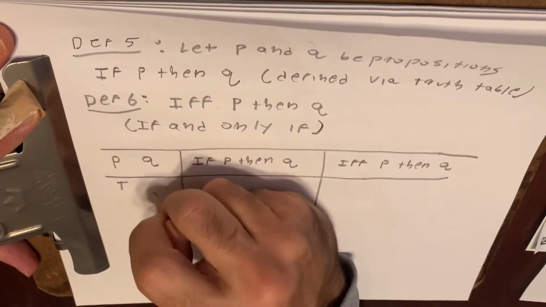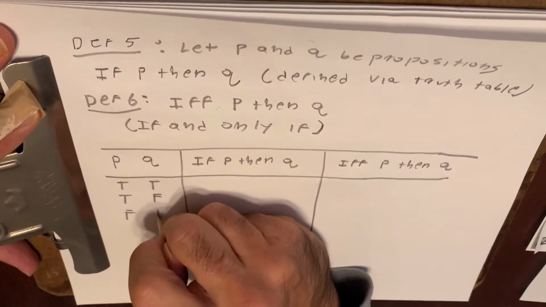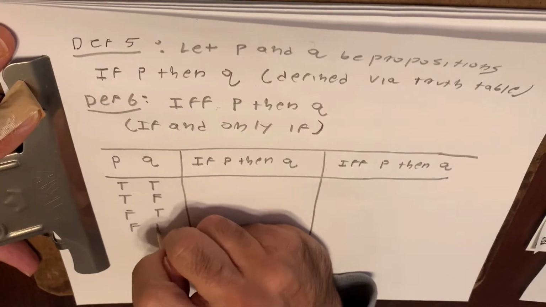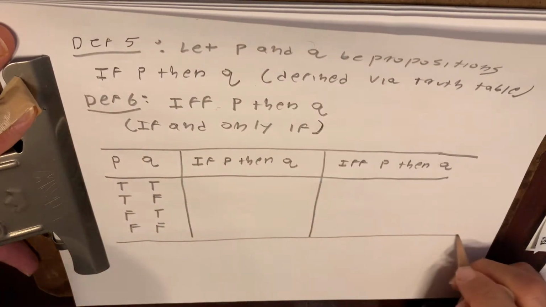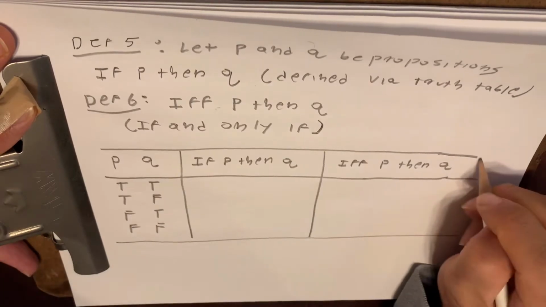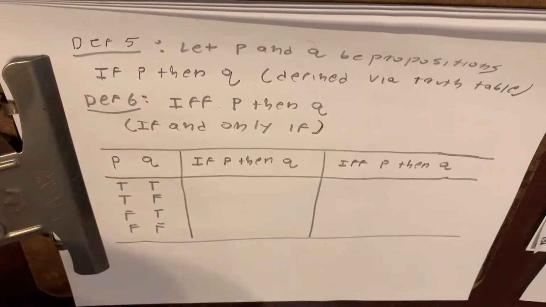So again, we have true, true, true, false, false, true, and false, false. And the reason why I'm defining these together is because without defining these together, one of them could confuse you, but together you'll see kind of some sense in this whole thing.